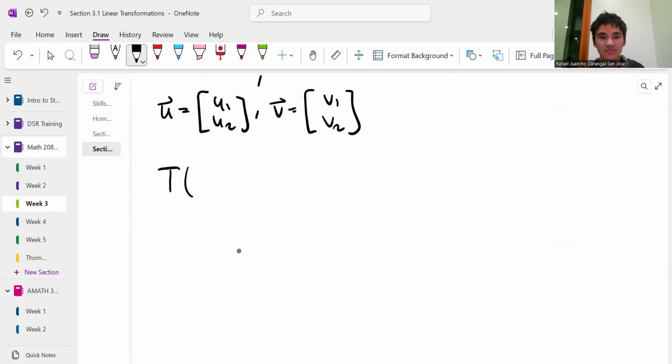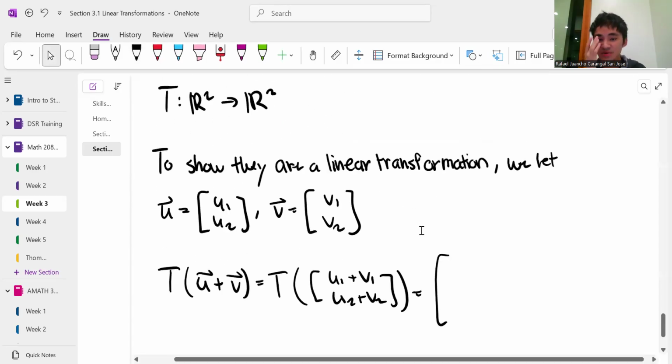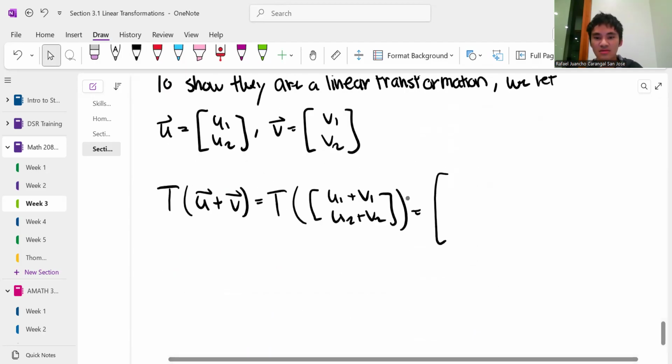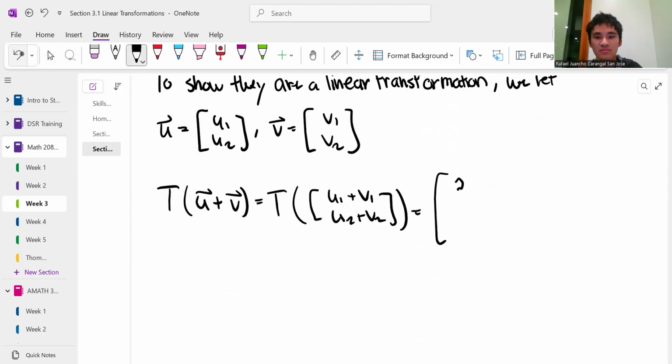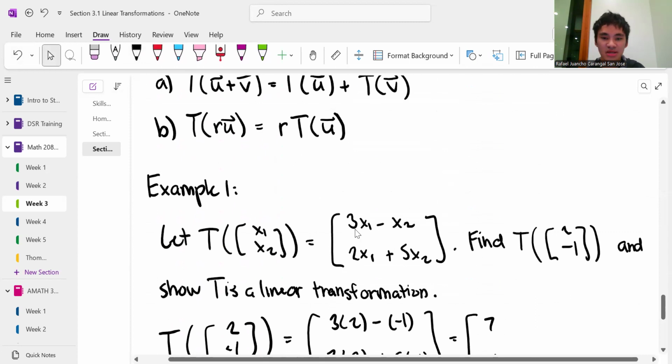So let's try it out, yeah? So this is T of u plus v, which is the same thing as u sub 1 plus v sub 1, u sub 2 plus v sub 2. And if we plug them into here, this is 3 of u sub 1 plus v sub 1 minus 2 of u sub 2 plus v sub 2. Right? So we're just plugging in stuff.